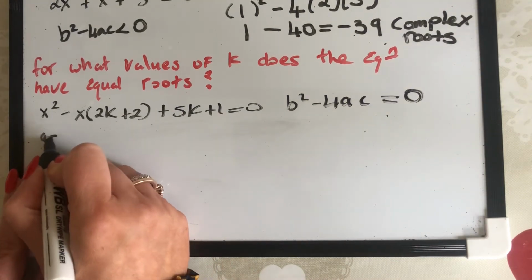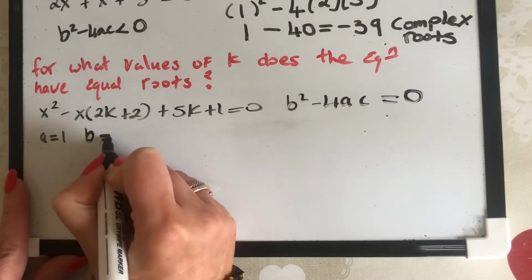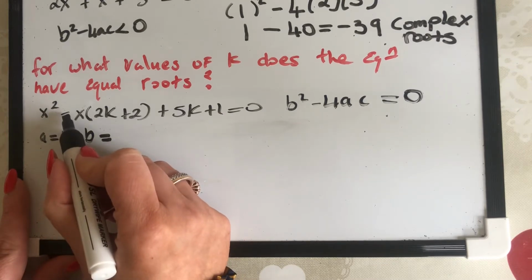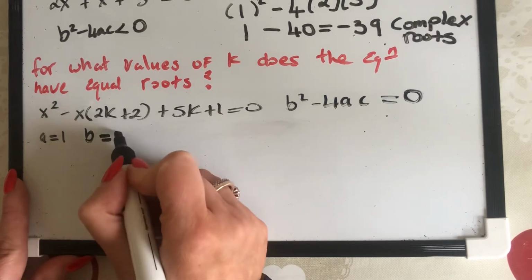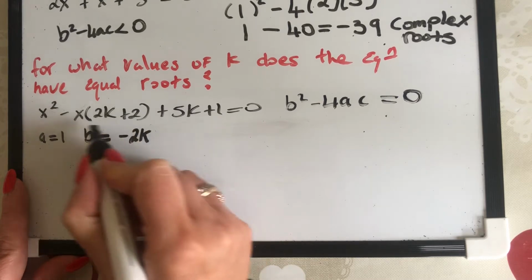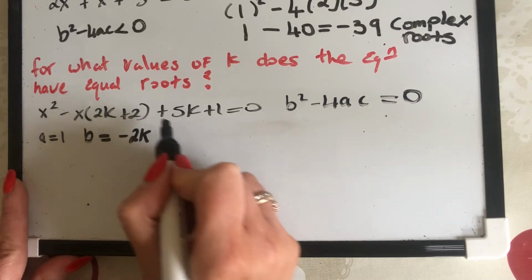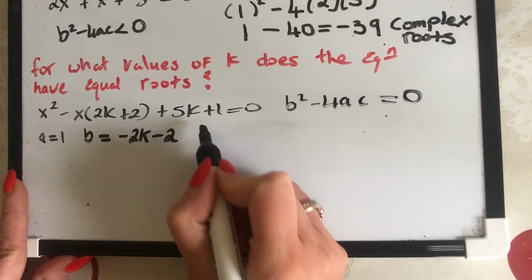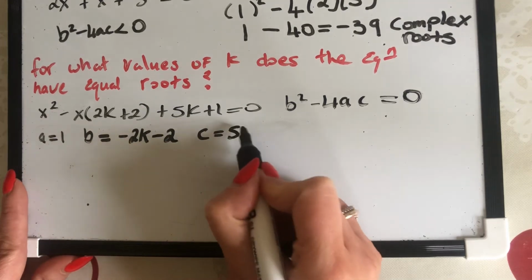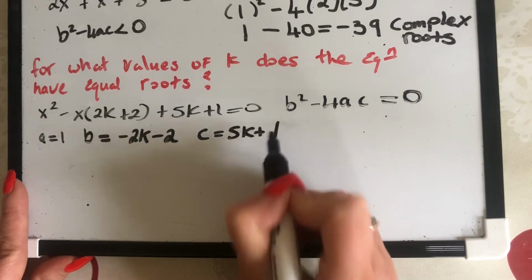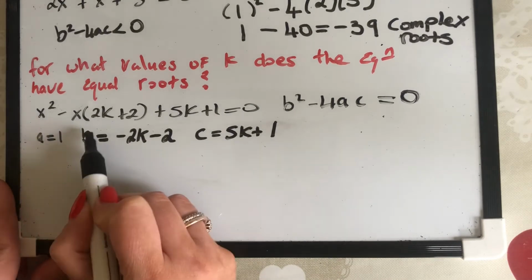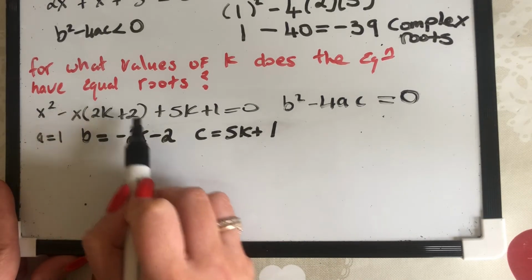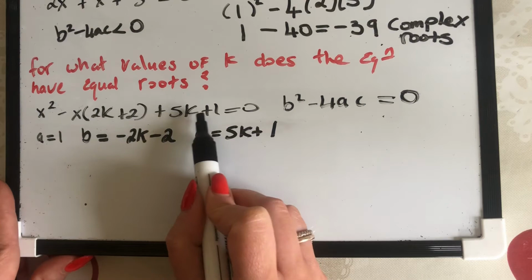Our a is 1, our b is, be careful now here, we've got a minus in the front, so minus by 2k is minus 2k, minus by plus 2 is minus 2, so that's our b, and our c is 5k plus 1. So our a is 1, our b is negative 2k, negative 2, and our c is 5k plus 1.